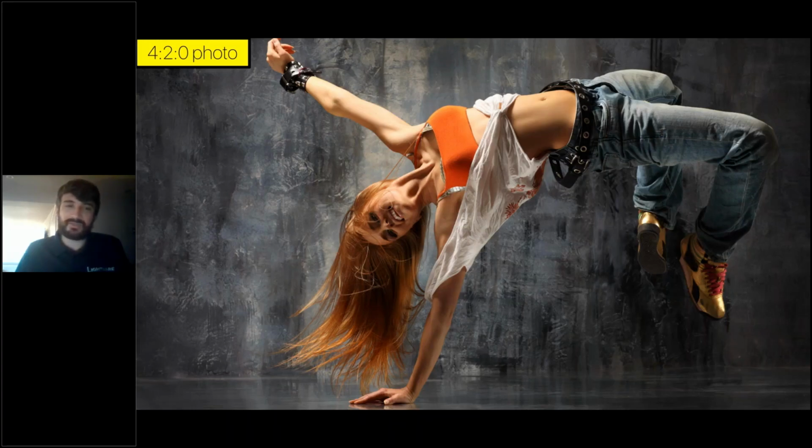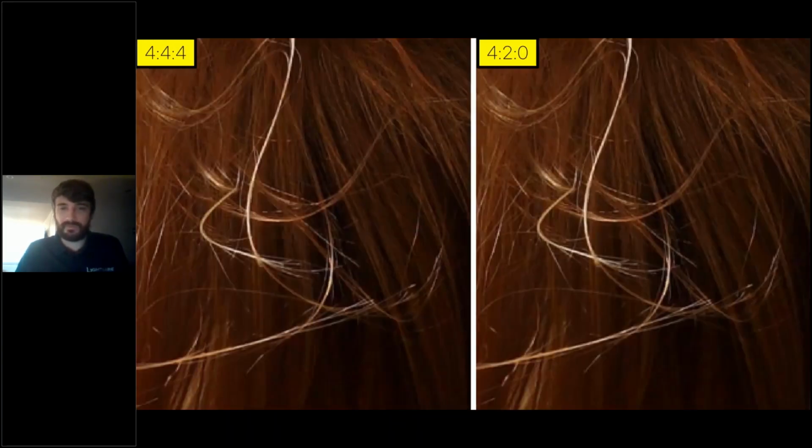In a moving image of this kind, there's no way you'd be able to see the difference unless you could pause it and really analyze it. However, if we take a closer look, if we zoom in on some of this hair, you should be able to see the difference, but it's very, very slight. It's very hard to notice, and that's the reason behind this.